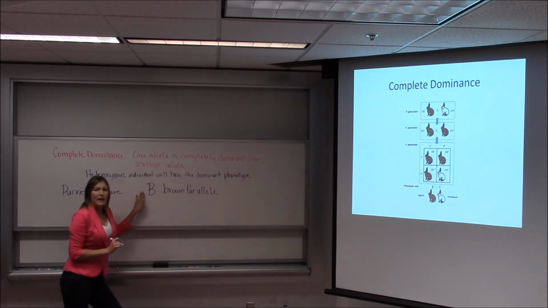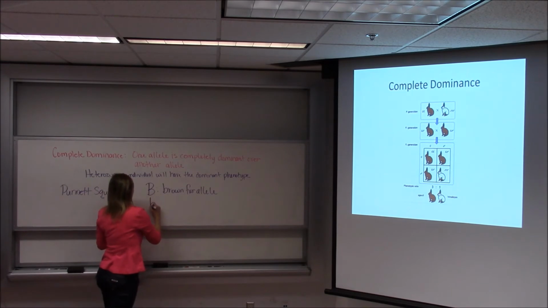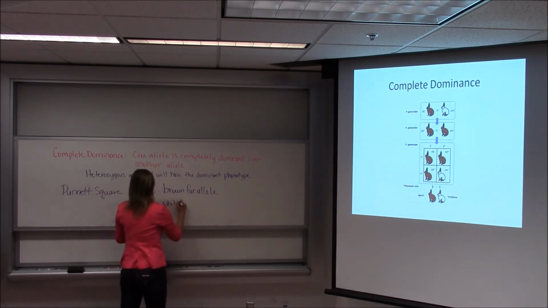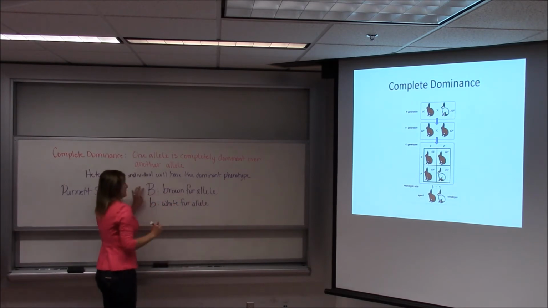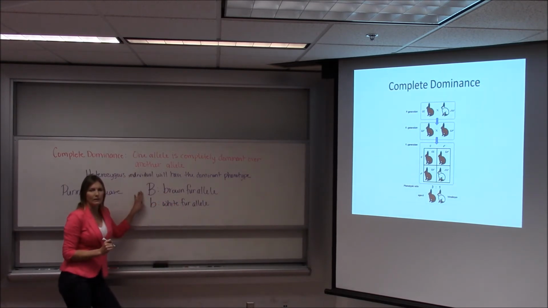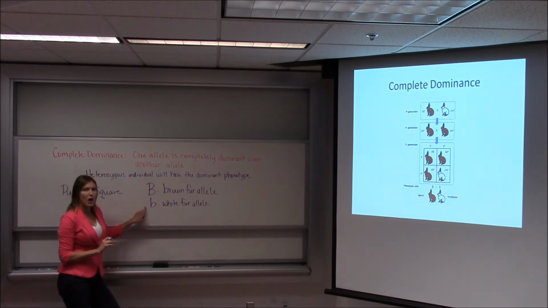And since we know that brown is dominant over white, we're going to have little b, lowercase b, represent the white fur allele. Usually whatever the dominant allele is determines the letter you're going to use. It really doesn't matter though. I could use the letter Z. It just matters that the dominant allele is shown as a capital letter and the recessive allele is shown as a lowercase of that same letter, not two different letters.